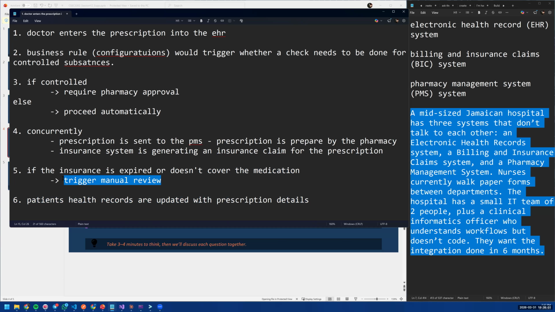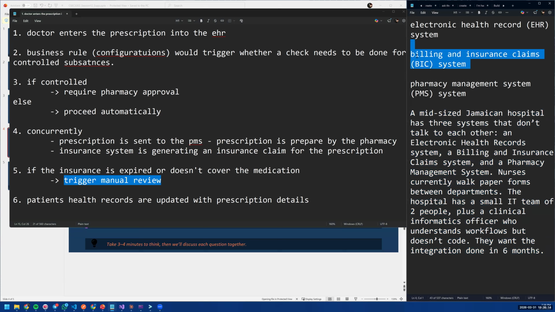And if there's a manual review, that would more than likely affect the amount of money paid by the patient once they get the prescription, right? I'm not even sure if that was part of it. Let me see. Oh, the billing system, yeah. So I guess you could include another part of this process here. Because this is a manual review and outside the scope of the system's automation, it would be handled by a person.